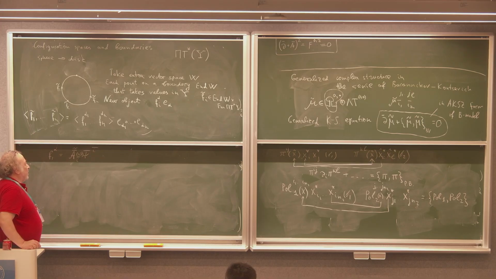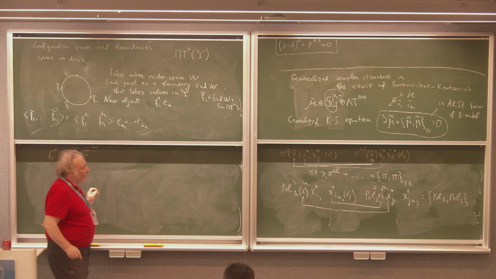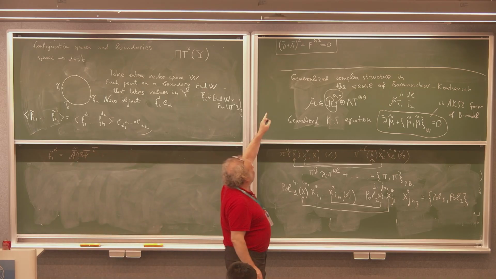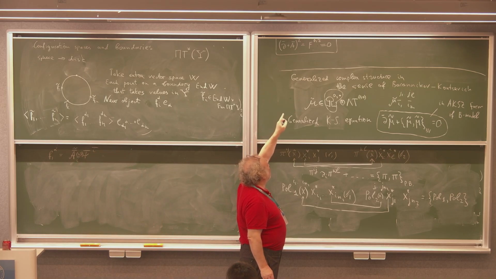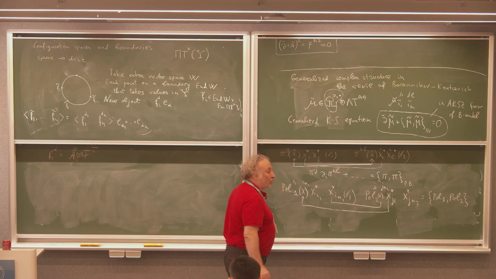Now, let me tell you where we could meet the flatness condition. That condition, b bar plus a bar equals f02 equals 0.